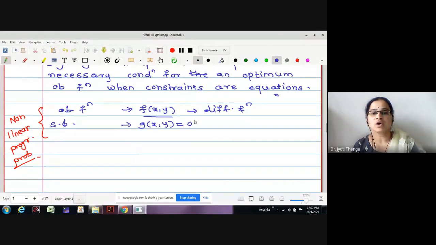Okay, now this is the problem under consideration. Now what we are going to assume is, let the optimum of this function occur at some point x naught, y naught, at which the partial derivatives of g, dou g by dou x and dou g by dou y, do not vanish simultaneously.